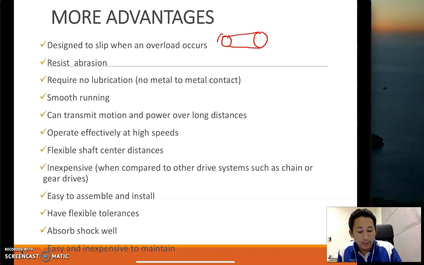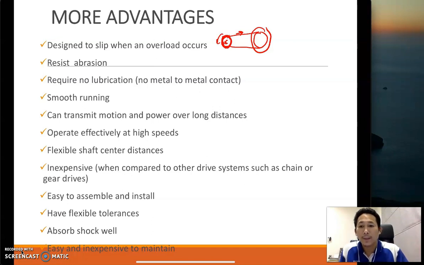Sometimes there are loads bigger at the driven, so the driver cannot rotate, but the pulley still can rotate and the belt slips. So if we have overload, the belt will slip.